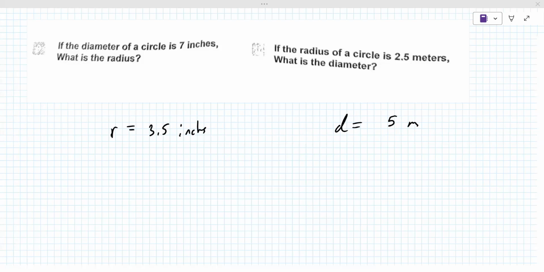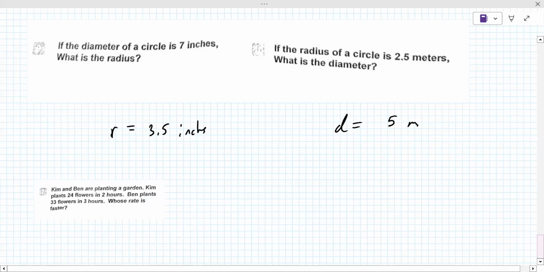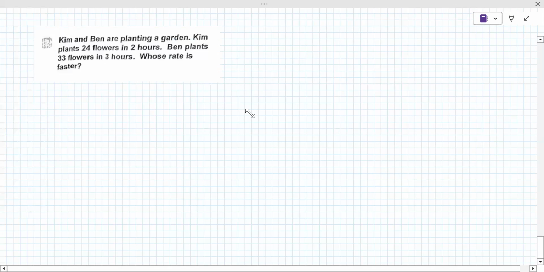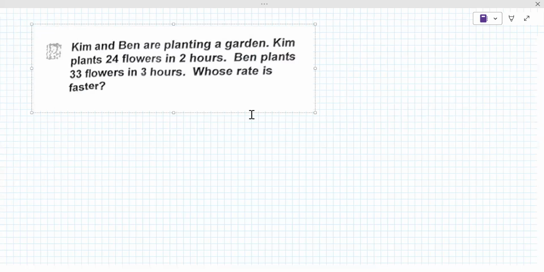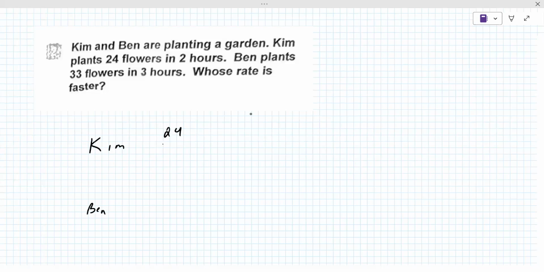Okay, good. So on to page 3 here, whenever you're ready. Yep. Page 3 is unit rates. We were doing that yesterday or 2 days ago. Kim and Ben are planting a garden. Kim plants 24 flowers in 2 hours.